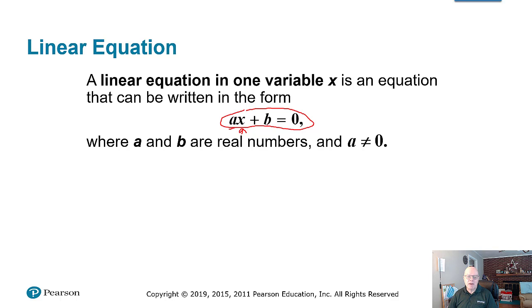The a and the b that you see here are actual placeholders for real numbers. For example, this might be 3x plus 7 equals 0. All right? Put in what numbers you like in particular examples.